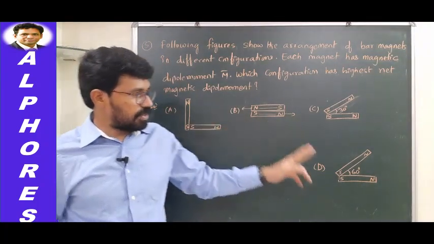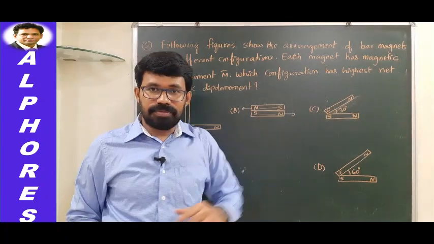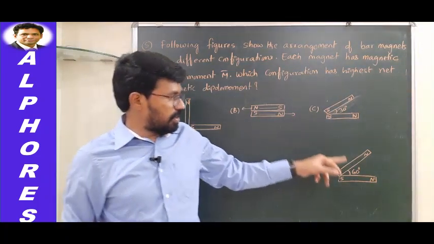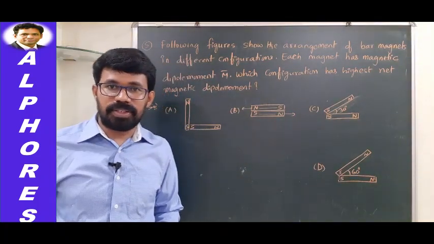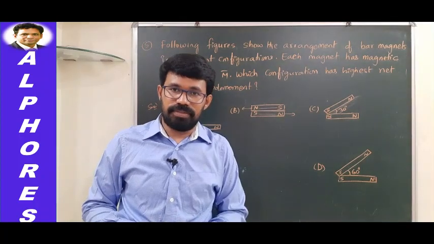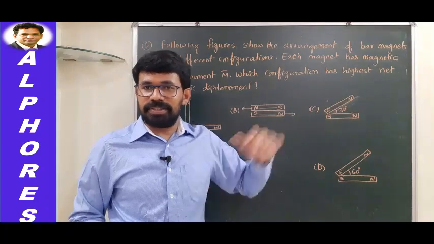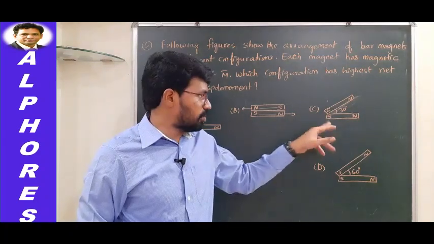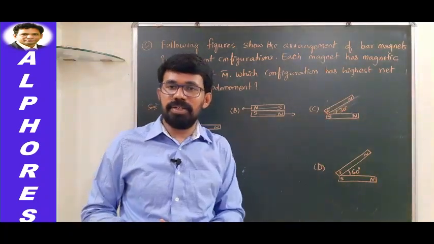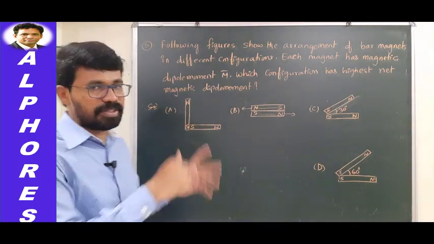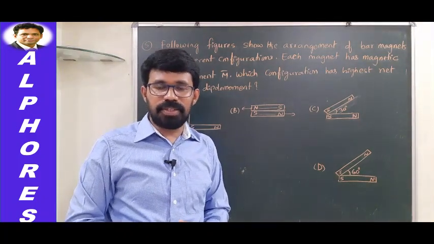So among all these things, look at this angle. Cos 30 and cos 60, which one is larger? Cos 30 is larger, isn't it? So since cos 30 value is large in this case, corresponding resultant value will be more. Just by looking at these pictures, you can analyze and come to a conclusion.